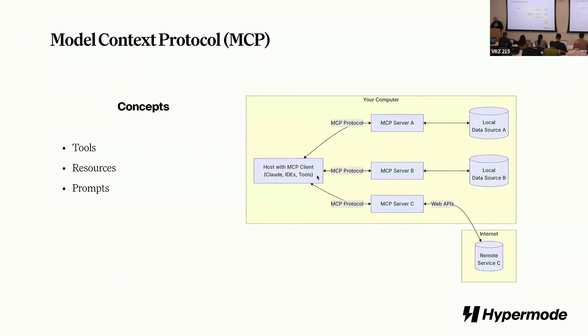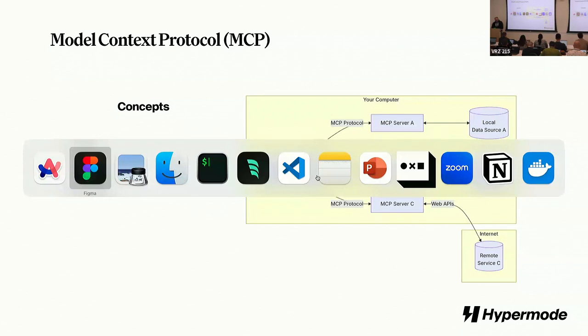And then the third high-level concept is the idea of prompts. These are pre-configured prompts that a user might want to invoke in their interaction with the MCP server. Think of a slash command in Slack or something like that. So we'll skip this, but the code is in the repo.